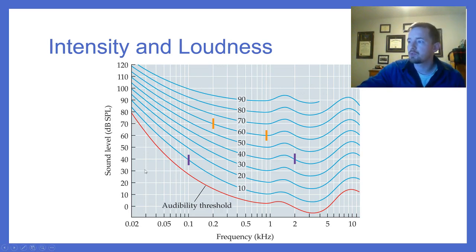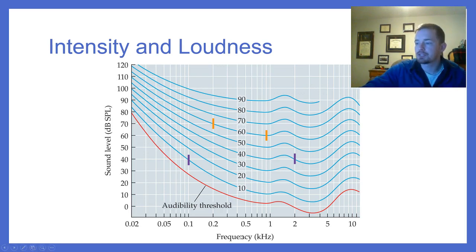For example, one of the things we're looking at right here is intensity and loudness as a function of age. What we're looking at right here is an audibility threshold, which is, at the very best, what the human ear and the human brain can process of hearing.